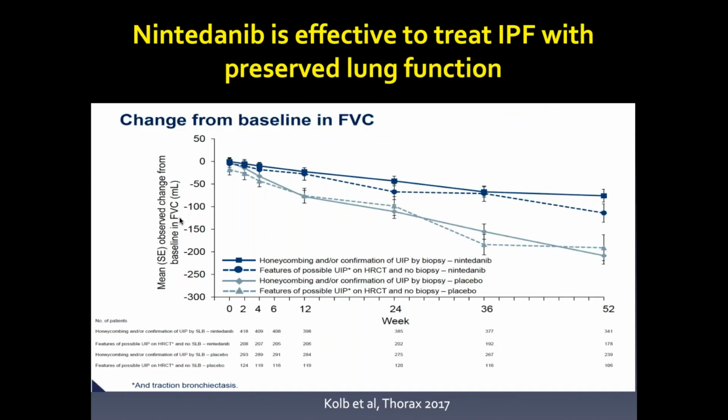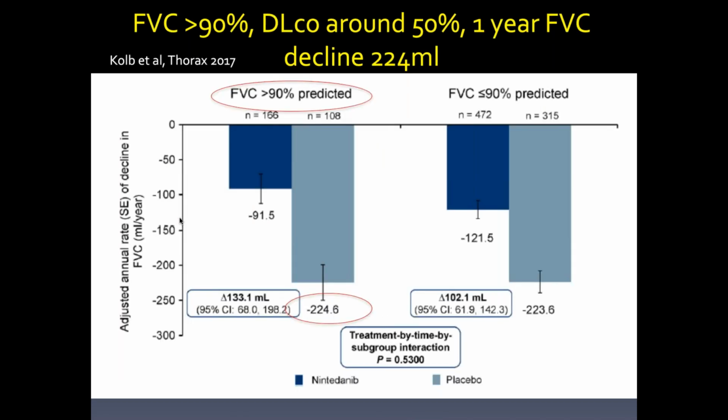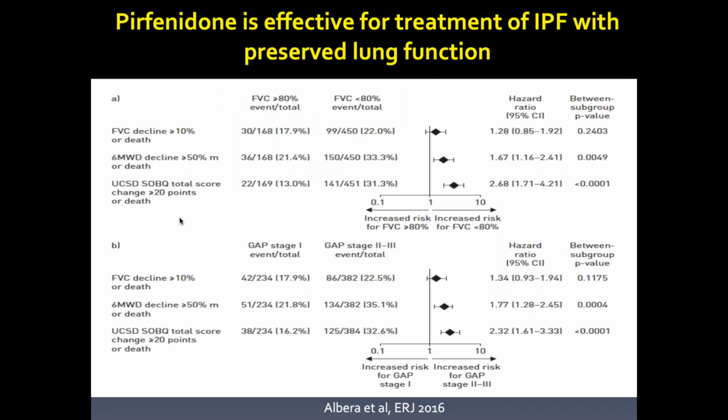We know that some so-called antifibrotic drugs are effective to treat patients with IPF and preserve lung function because they significantly reduce the decline of the pulmonary function. Nintedanib and pirfenidone, these are the study by Carlo Albera showing that pirfenidone is effective for treatment of patients with preserved lung function.